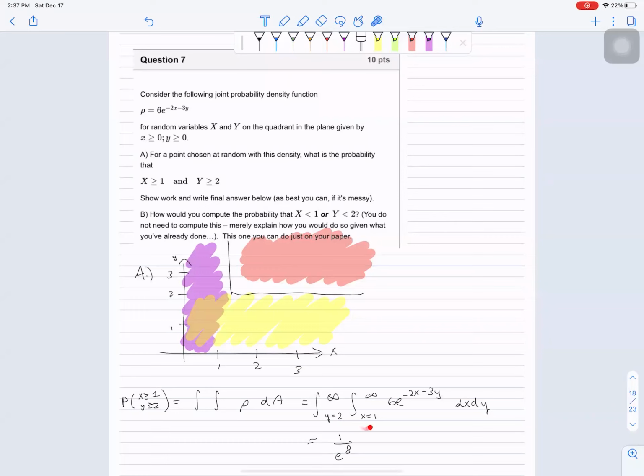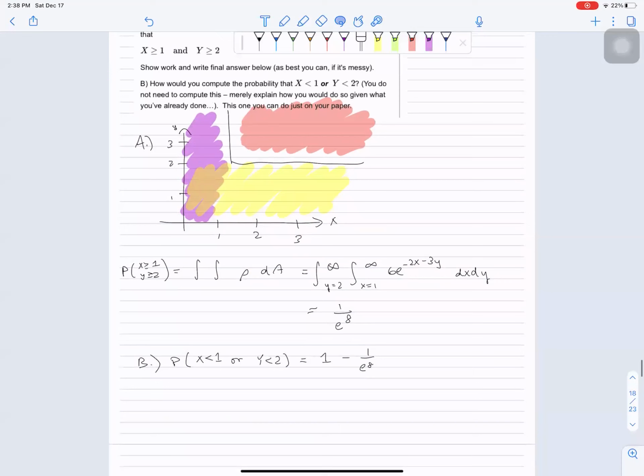So we know that the bounds are going to be like 1 to infinity, because they say in general our domain is just x greater than or equal to 0, y greater than or equal to 0. So the domain we're considering is just the first quadrant. So I have this entire first quadrant. Then in part A, we're just finding the probability that x is greater than or equal to 1 and y greater than or equal to 2. So that's this entire red region.